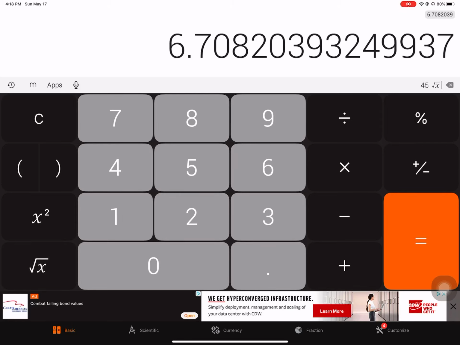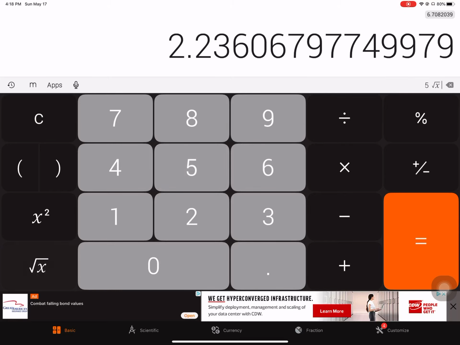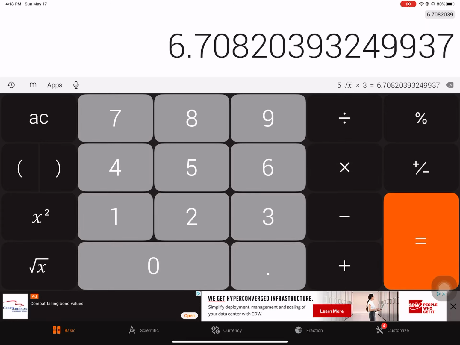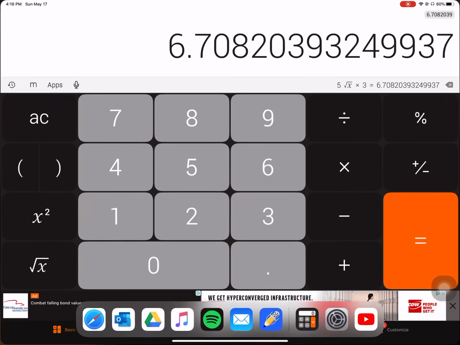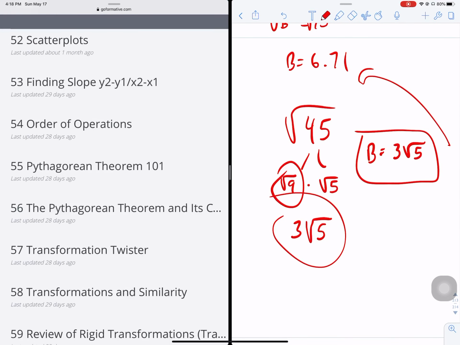Square root of that is 6.708. And if I just take radical 5 and times it by 3, I get the same answer. So my point is that they do equal the same thing. These guys touching, that means 3 times radical 5 is the same as 6.71 rounded.